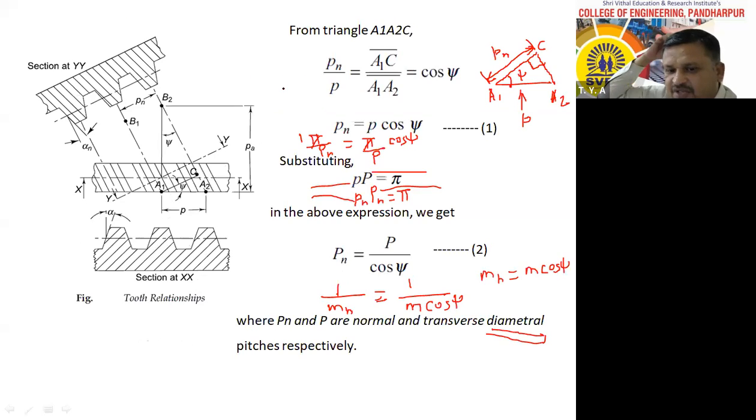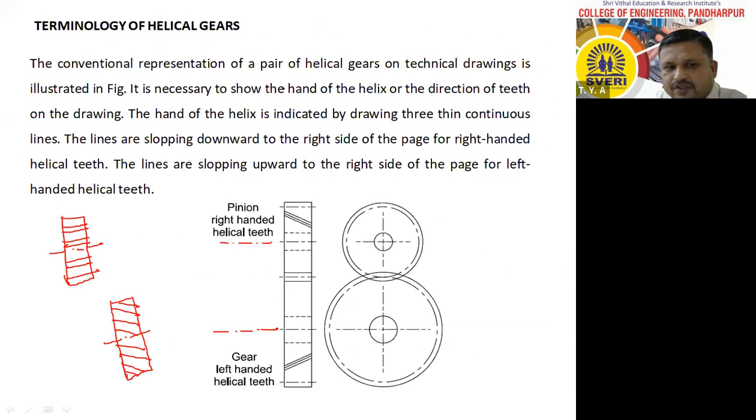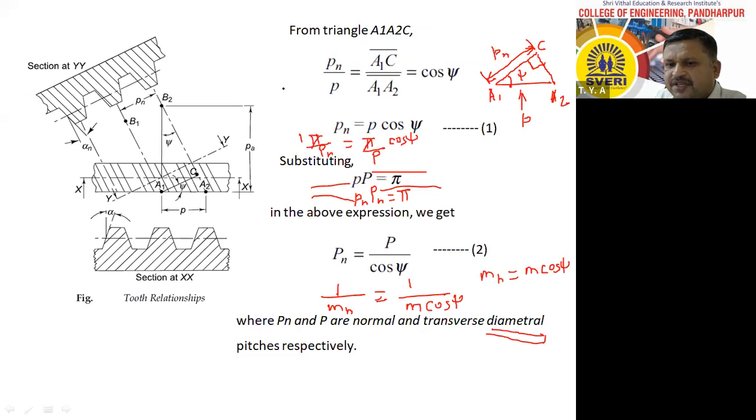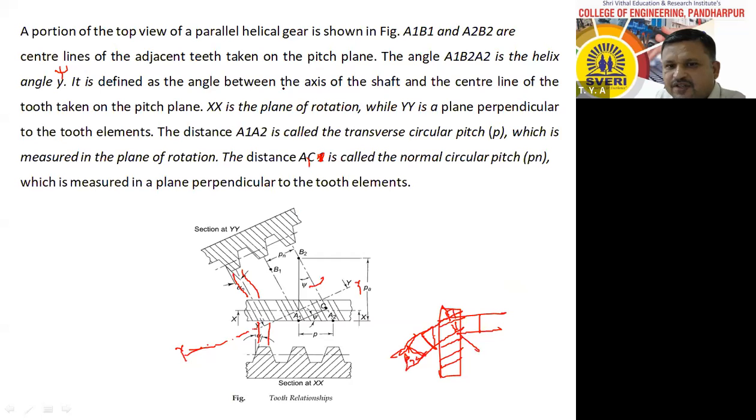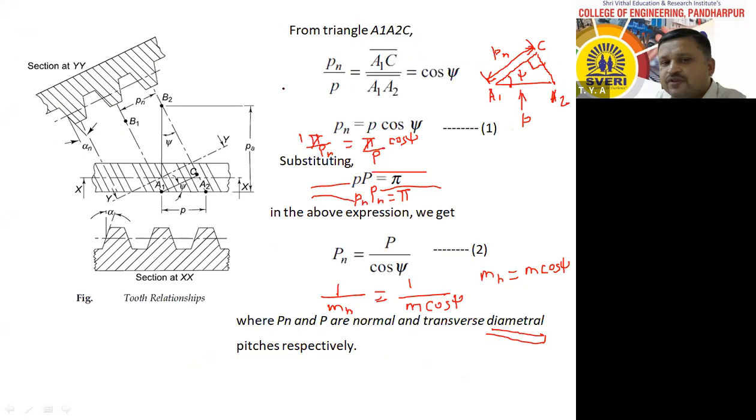ऍटलिस्ट तुम्ही हे रिलेशन तर लिहून घ्या सगळ्यांनी प्लीज, बिकॉज दिस वी हॅव टू यूज व्हाइल सॉल्विंग द प्रॉब्लेम. प्रॉब्लेम सोडवताना आपल्याला हे इक्वेशन वापरायचे आहेत. Therefore, write down the equations at least. Let small pn is equal to normal circular pitch. Small p is equal to transverse circular pitch.